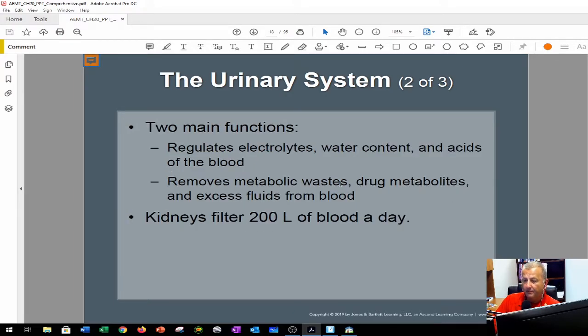Again, the main functions, of course, besides removing waste, are regulating electrolytes and water content, and we've already talked about the acids of the blood. It removes the metabolic waste that the liver clears up, and drug metabolic waste as well.